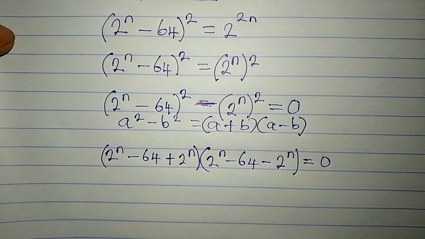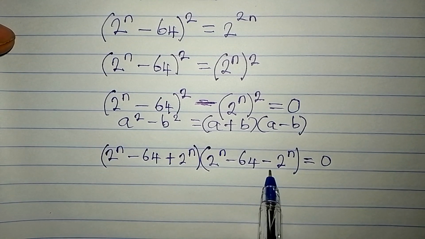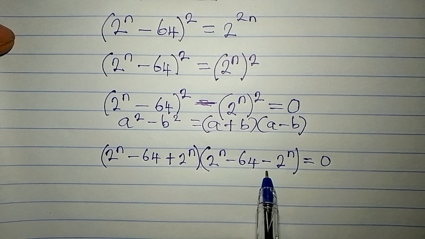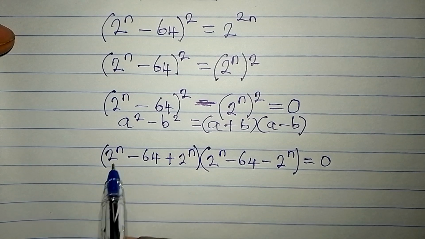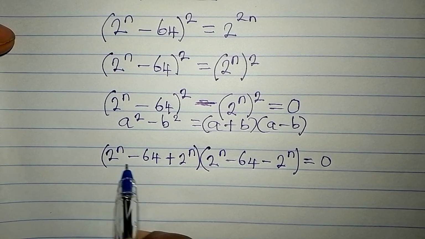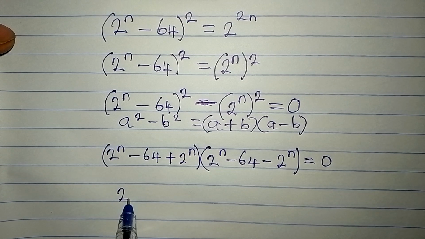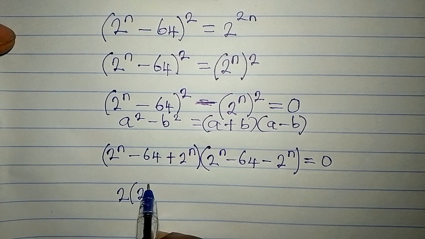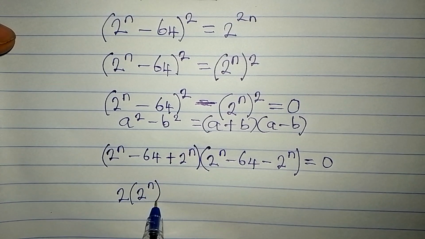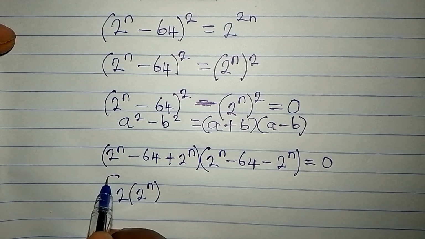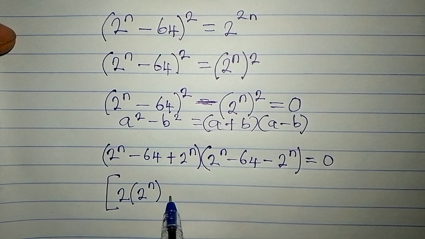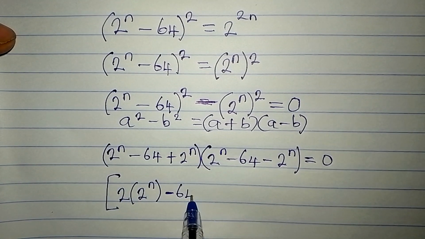Remember, in difference of two squares, one is positive and the other is negative. Now, this is 2^n plus 2^n, which will give us 2 times 2^n. So we can close that. Then we still have minus 64 over there.